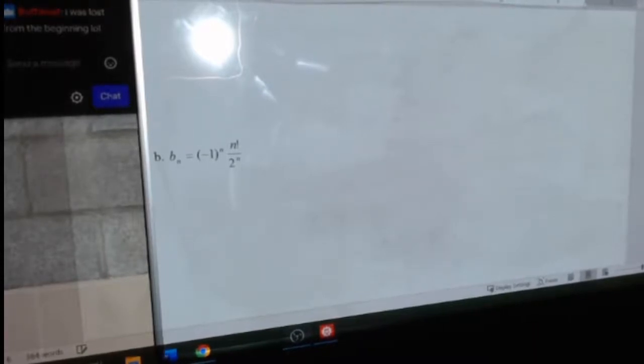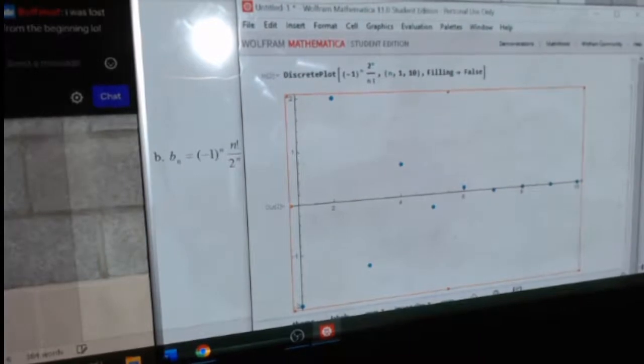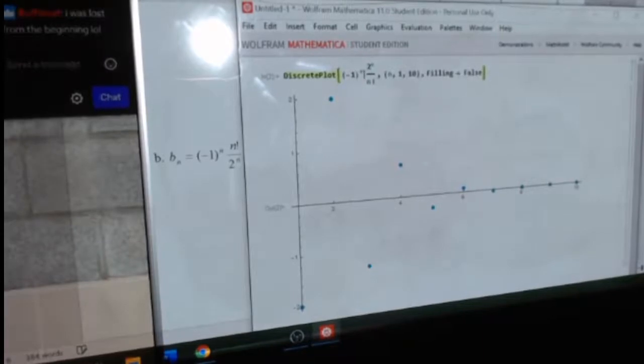So if I bring back Mr. Mathematica, I'm just going to cheat slightly here and just say that this whole section is to the -1. That'll flip it over effectively.